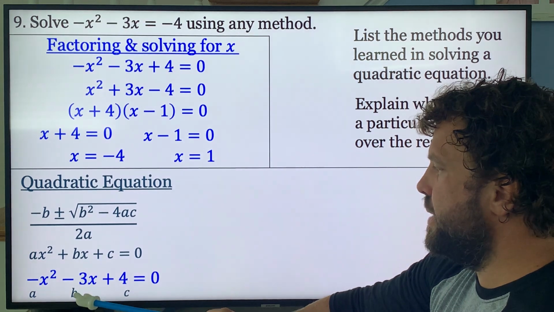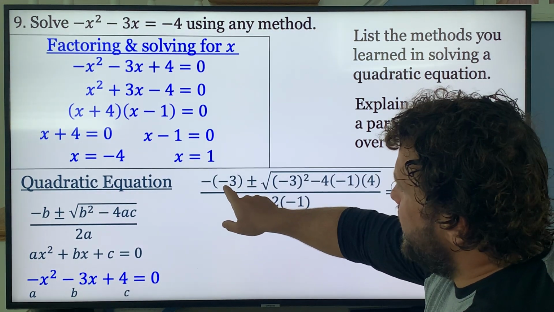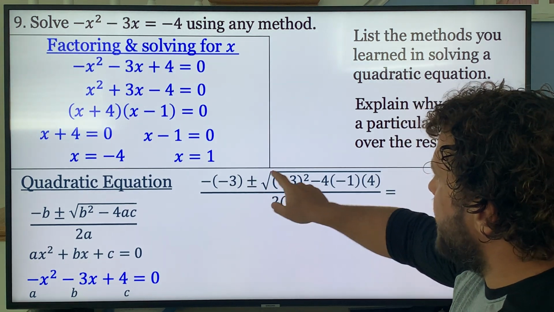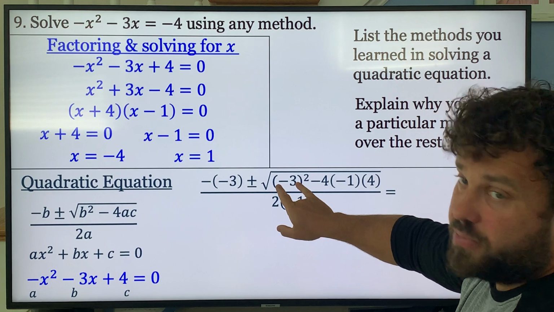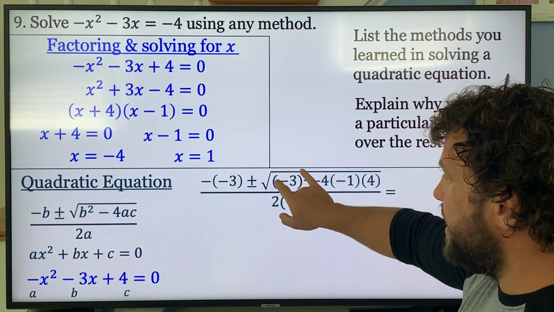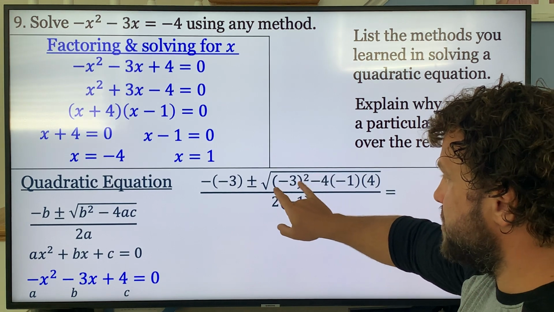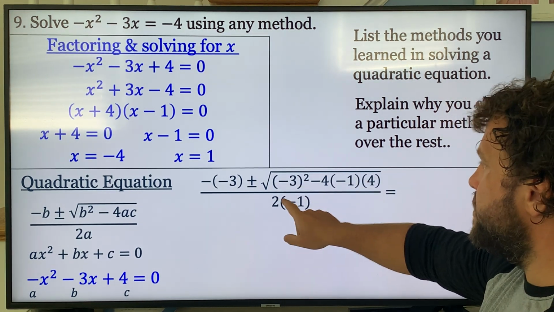Now, negative b, which is -(-3), plus or minus the square root of (-3) squared. You have to make sure the -3 is in parentheses if you're using a calculator, or else you'll mess up your answer. You'll just be doing -1 times 3 squared. So make sure it's like this: -4 times -1 times 4, over 2 times -1.